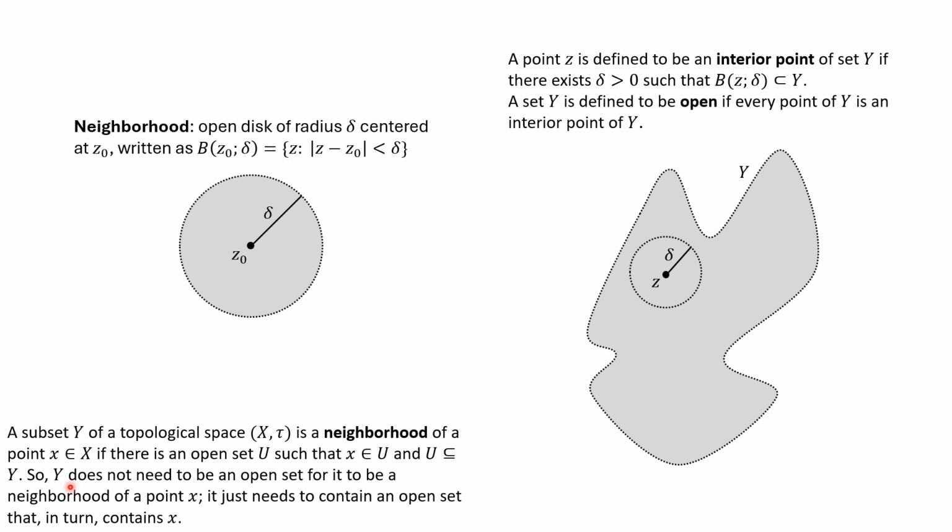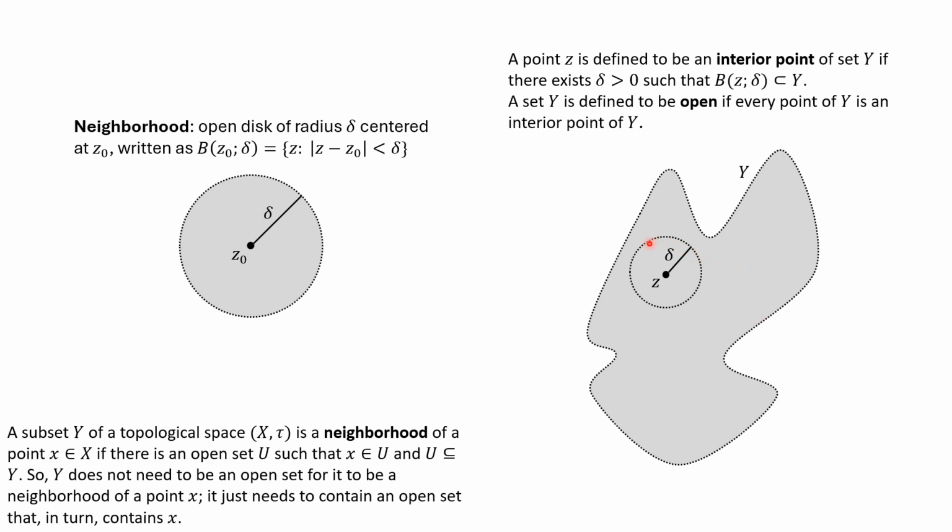So the wrinkle here is that your set y is a neighborhood of z if you can find an open set that includes z that's completely within y. So we could have y including its boundary, in which case it would be a closed set, or even if it had part of its boundary and some of it was not included, it would be neither open nor closed.